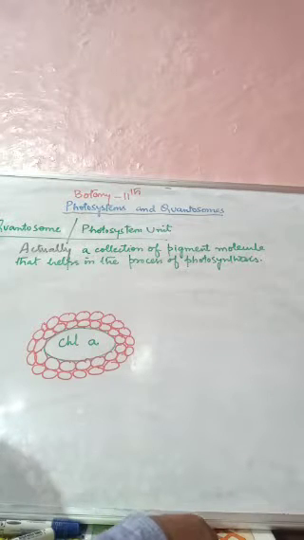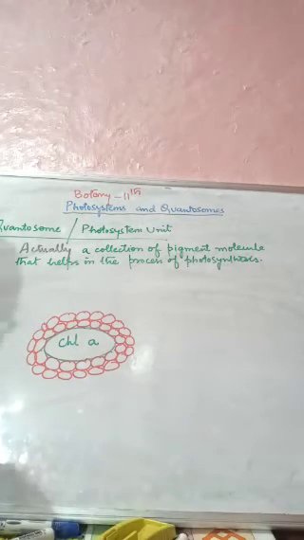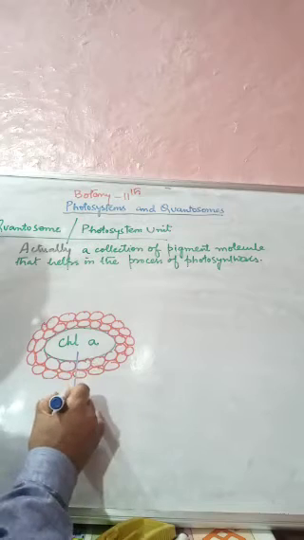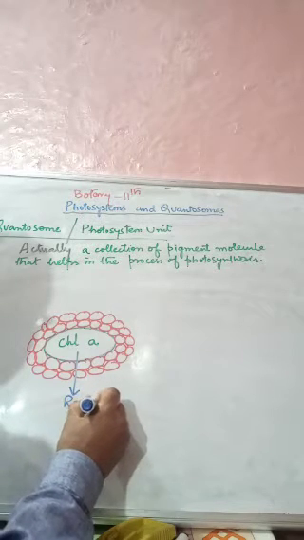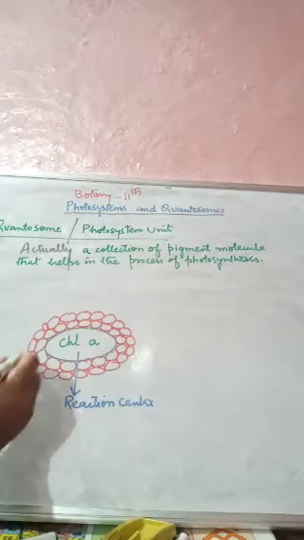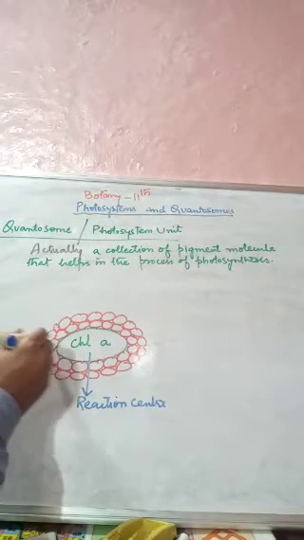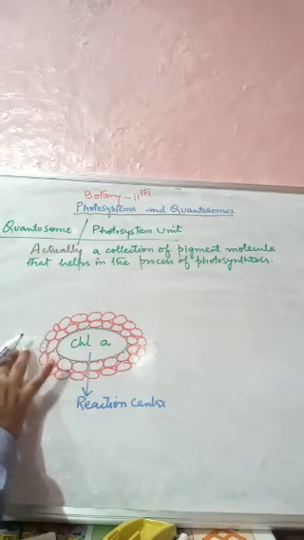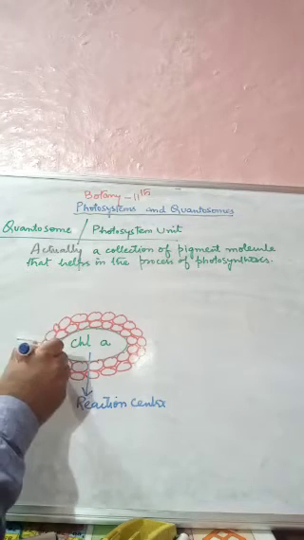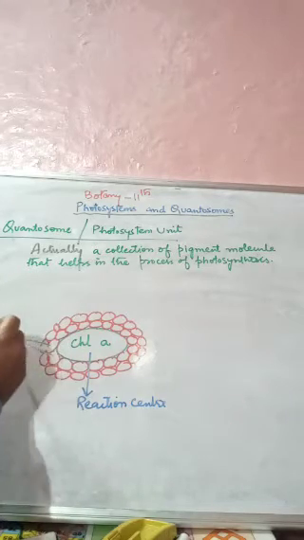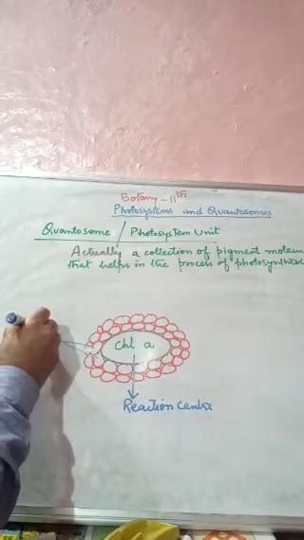This chlorophyll A is called the reaction center, and these pigments are called accessory pigments.